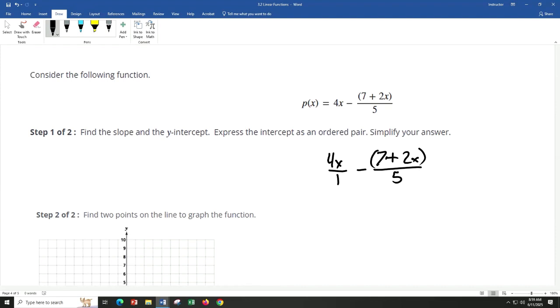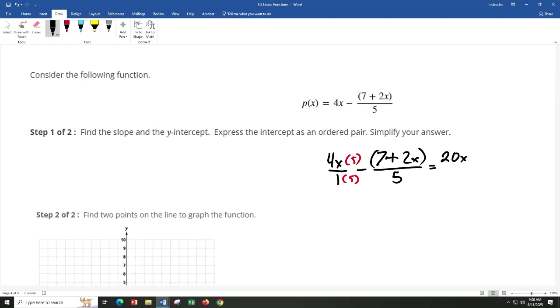Well, what am I missing? Fractions. Think fractions. Common denominator. So how about I just multiply this side by what? When I do that, notice I now have a common denominator and I can do this. Well, hey, 5 times 4 is 20, right? So that's going to give me 20x.